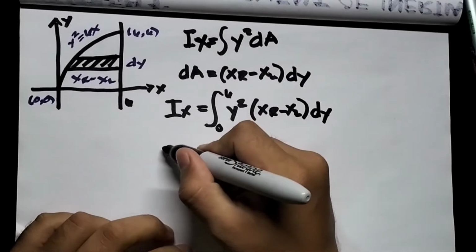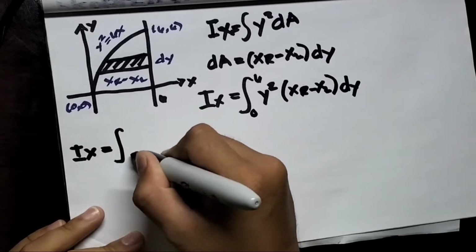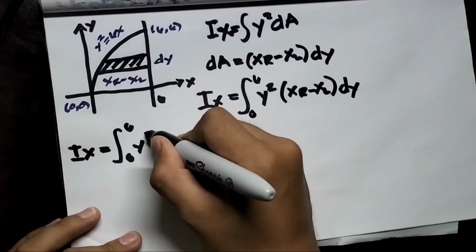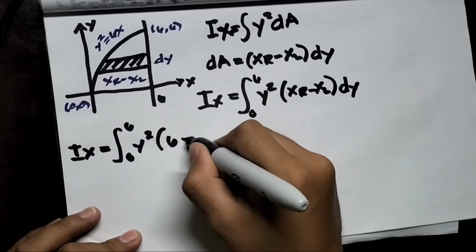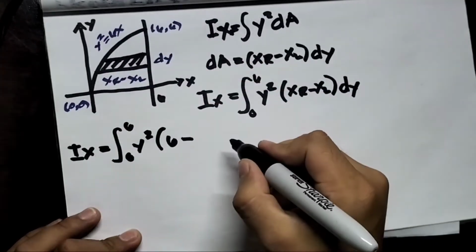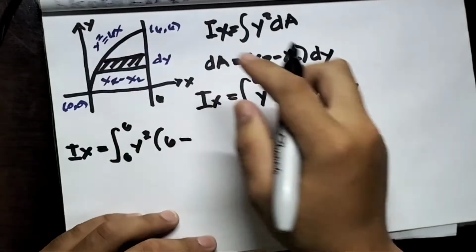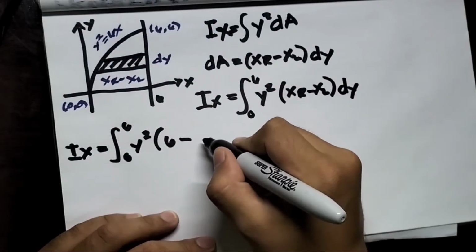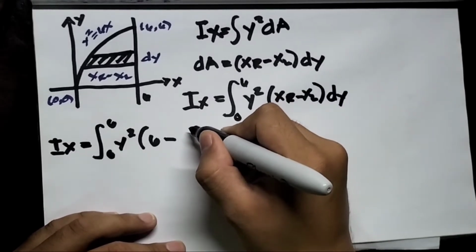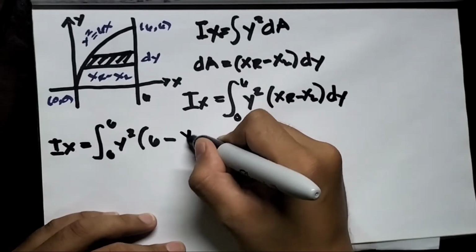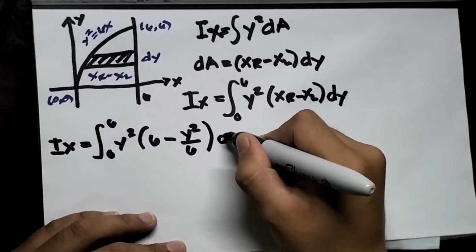So, moving on, our Ix will be equal to the integral from 0 to 6 of y squared. So, what is our x from the right? 6 minus x from the left will be, so, evaluating this curve, this equation, we get the value of x is equal to y squared over 6 dy.